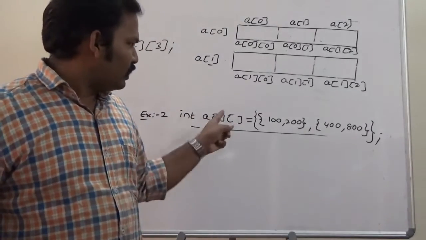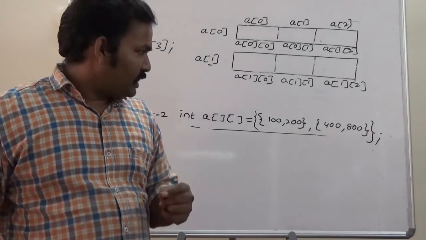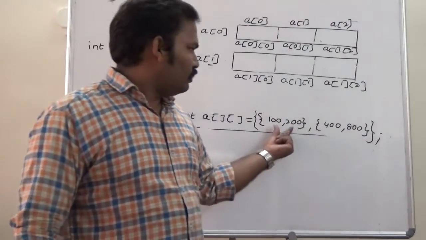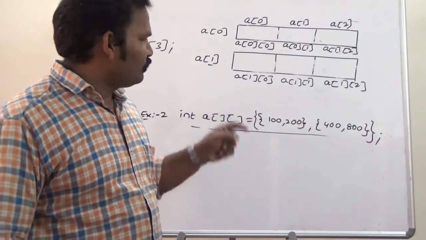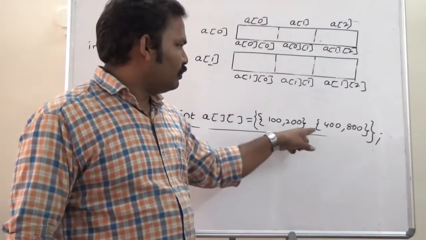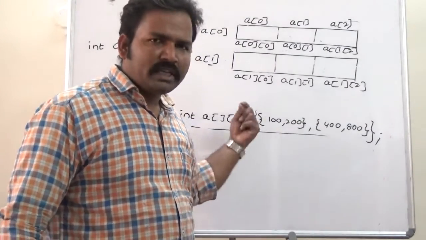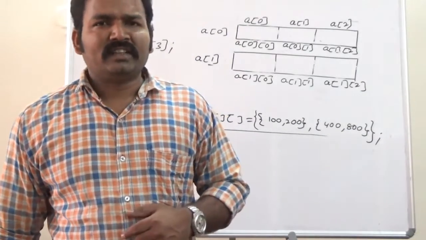We may get a doubt, since we have not specified the size here. If you are assigning elements, indirectly you are specifying the size also. Based on the number of elements assigned to the array variable, the C compiler understands the size.